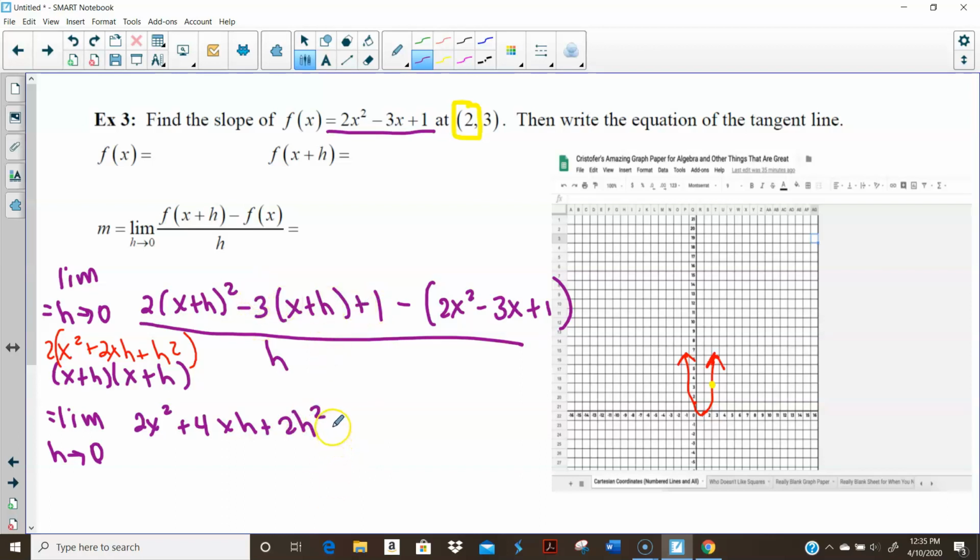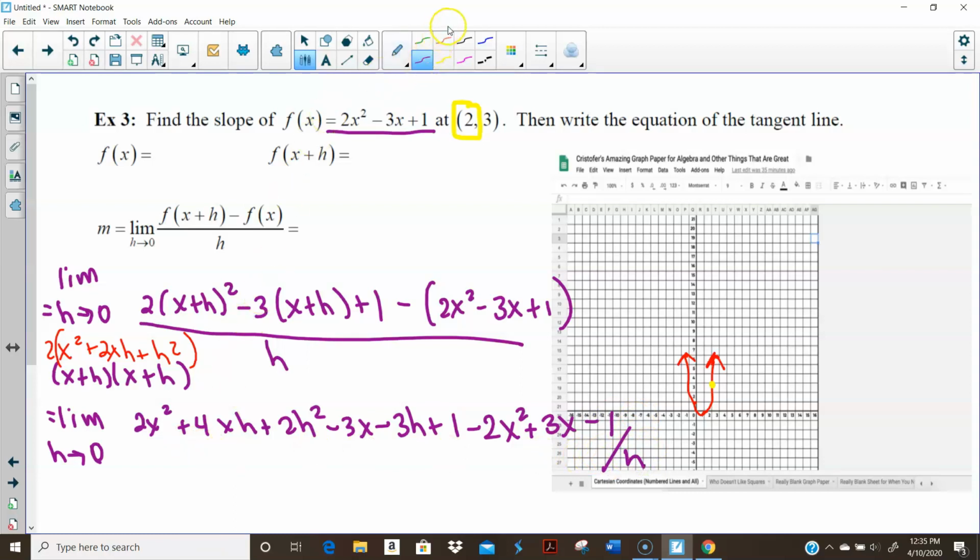Now I'm on this part right here. Subtract 3x, subtract 3h, plus 1. Subtract 2x squared, subtract 3x. Ooh, no, that's plus 3x. Subtract 1. All over h.